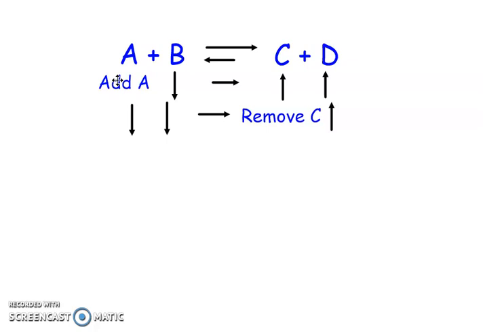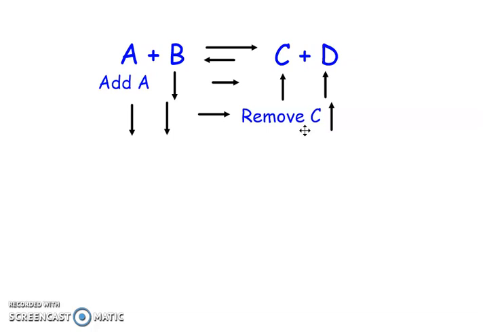I add A. Well, the opposite of adding is going to be using it up, trying to get it back down toward where it started. So by adding A, the system's going to try to use up A. But in using up A, it's also using up some of B. And that A and B are turning into products. So C and D are increasing.